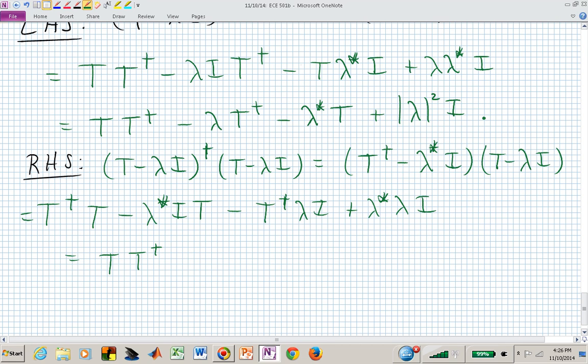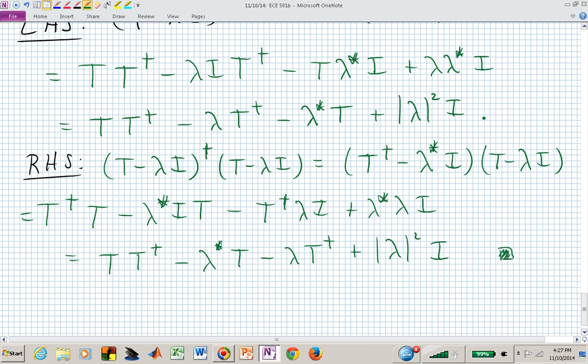Is that okay? Then I have minus lambda star T minus lambda T dagger plus the norm of lambda squared I. I'll just keep them in the same order as what we have. That should be the same expression, maybe with a couple of inner pieces interchanged in the sum, but I think that's exactly what we had on the left-hand side.